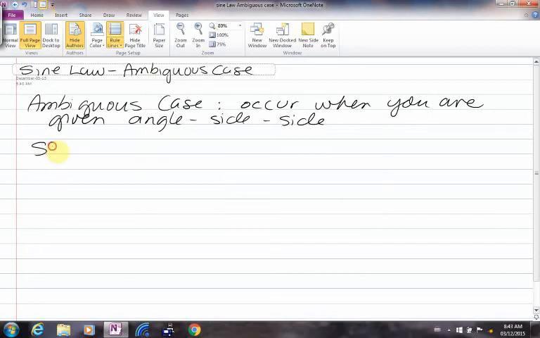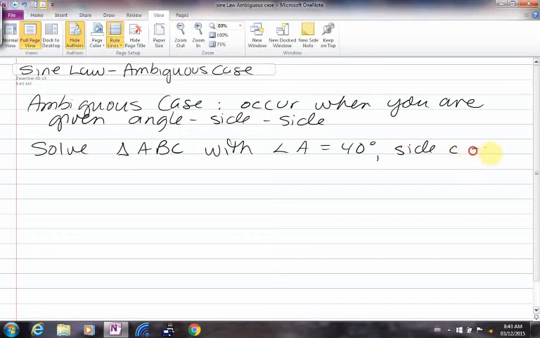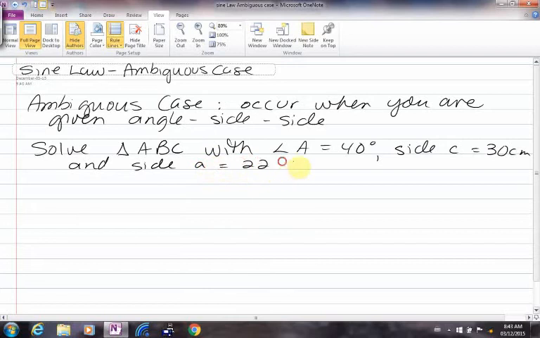So let's say you're asked to solve triangle ABC with angle A equal 40 degrees, side C equal 30 centimeters, and side A equal 22 centimeters.